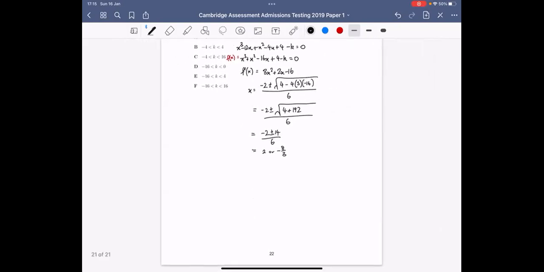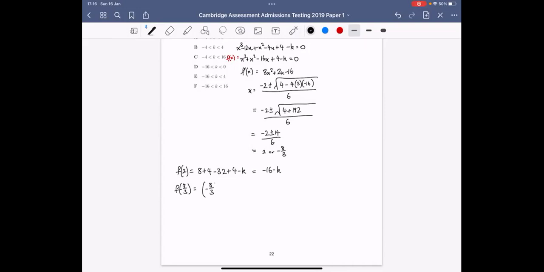So then I guess f of 2 is equal to 8 plus 4 minus 32 plus 4 minus k, which is minus 16 minus k. And then f of minus 8 over 3, this is horrible.